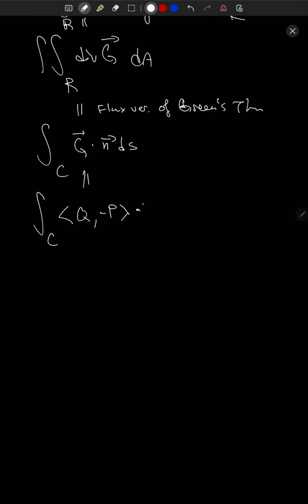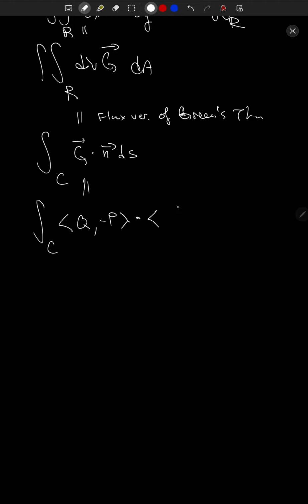And what is g dot n ds? We saw in the last section you can kind of shortcut the computation of the ds because the n in a way has a 1 over the length of r prime of t, and then ds has a length of r prime of t, so they cancel. And so we end up with, in practice, just something like this.